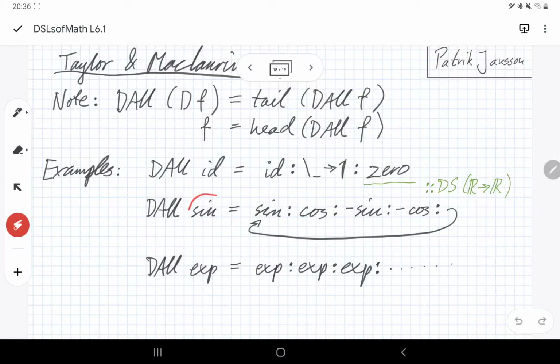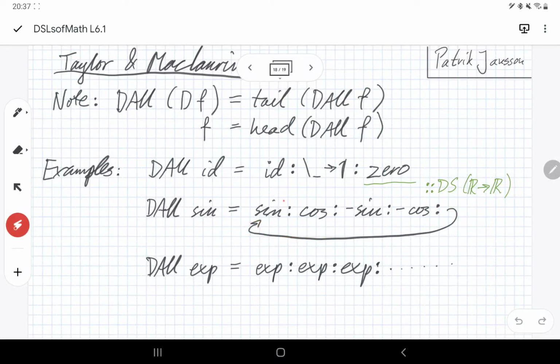Okay, if we take sine, we know that the function sine, so this is not sine applied to some x, it's the function sine from real to real. This d-all should return first the sine function itself, then its derivative, which is the cosine, then the derivative of that, which is minus sine, followed by minus cosine, and then we go back to the beginning.